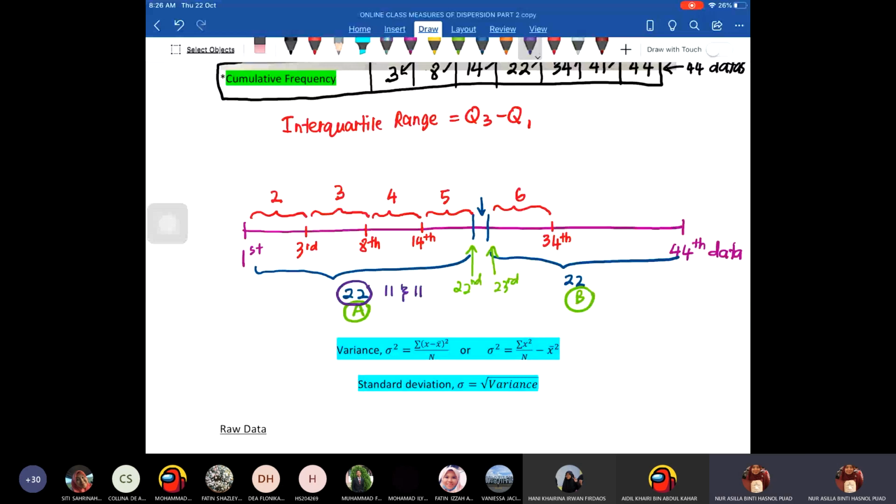Okay, so we look at the 11th and the 12th: 1 to 3, not yet; the 8th. So here, the 11th and 12th are in the middle here. Okay, so my data is 4. So my first quartile will be 4 plus 4 divided by 2 equals 4.